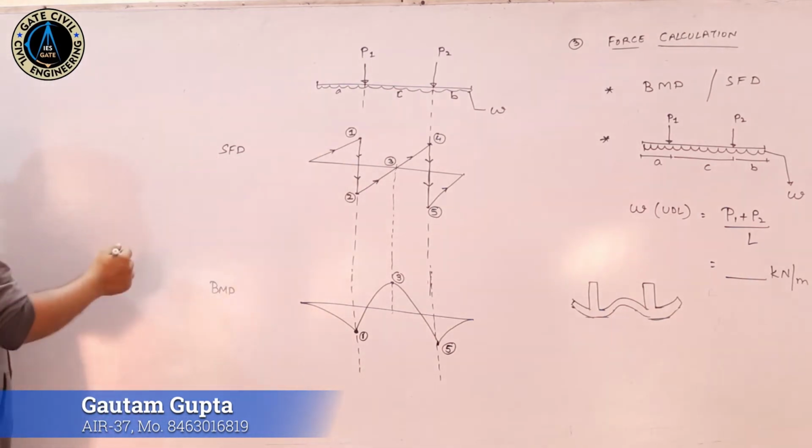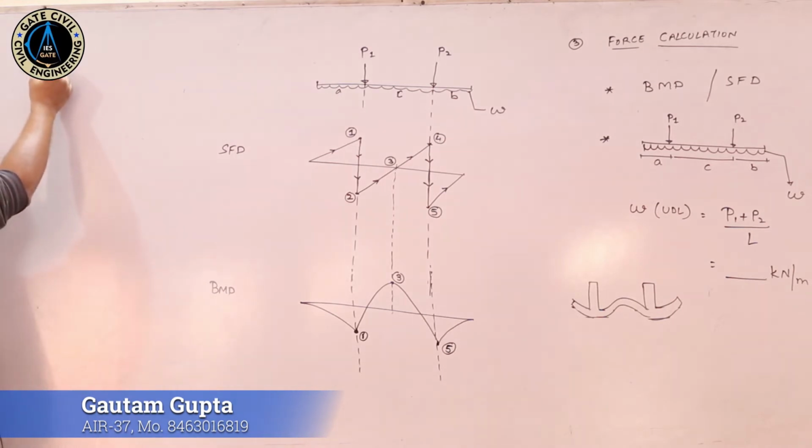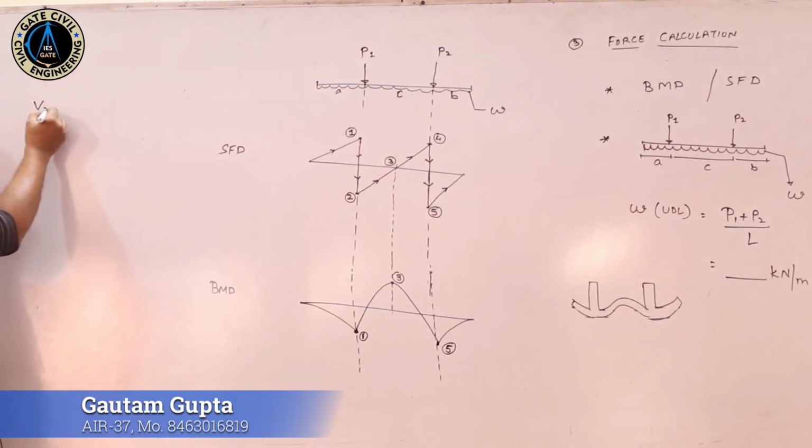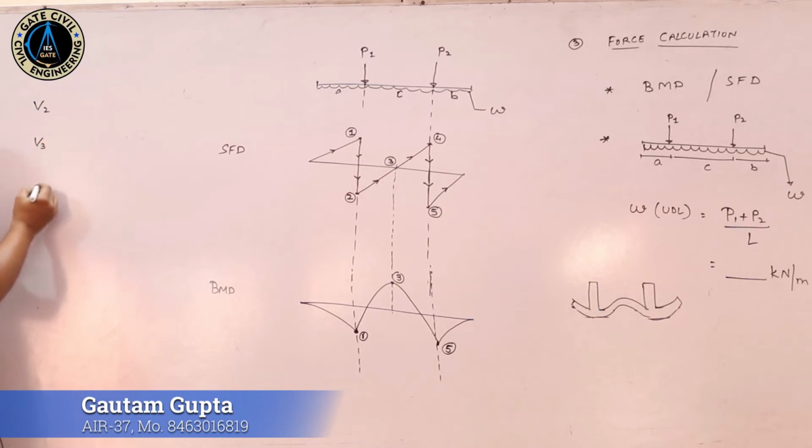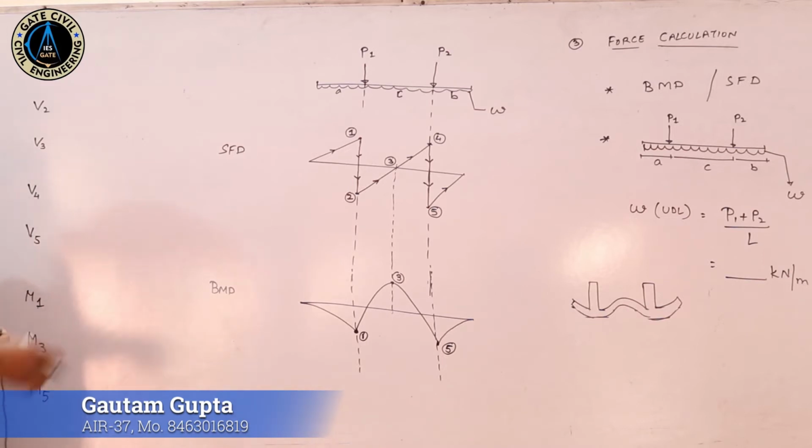So, just mentioning it, we have V1, V2, V3, V4, V5, M1, M3, M5. So, these are the unknown parameters that are utilized for SFD and BMD.